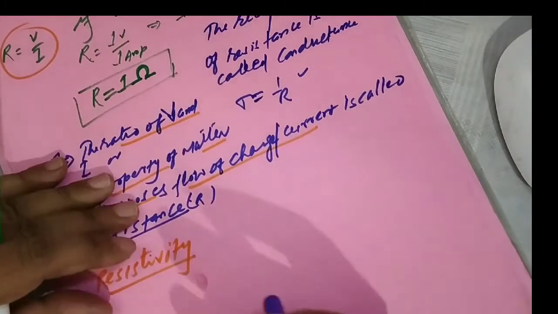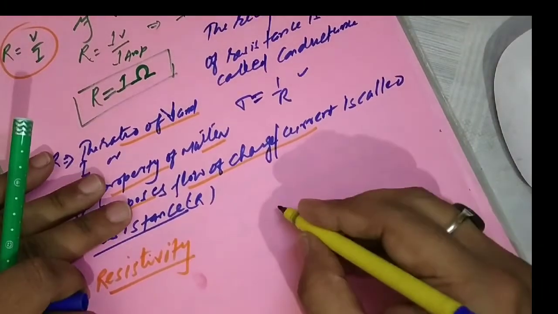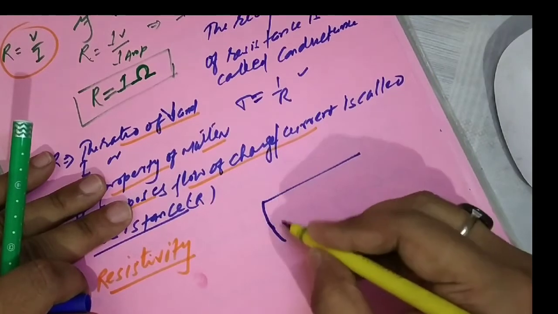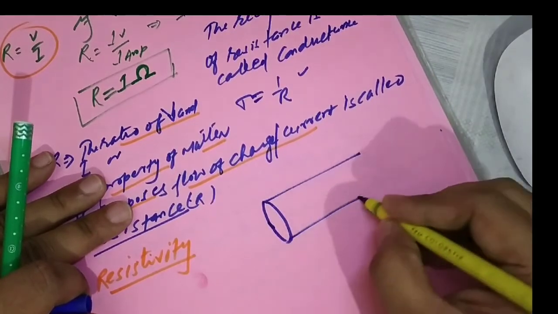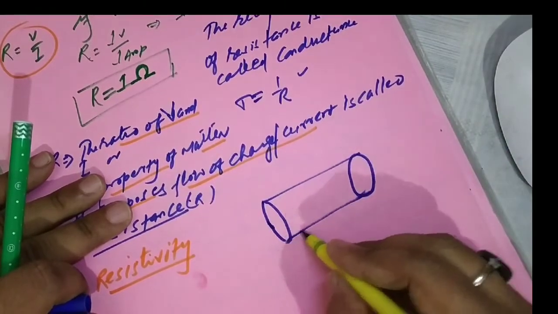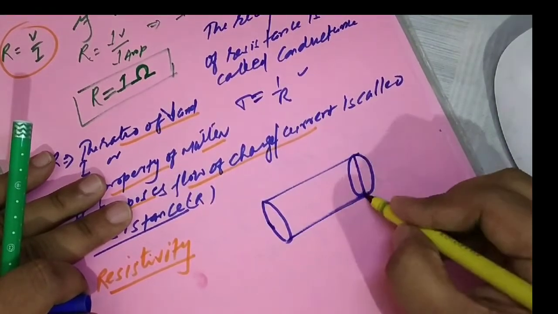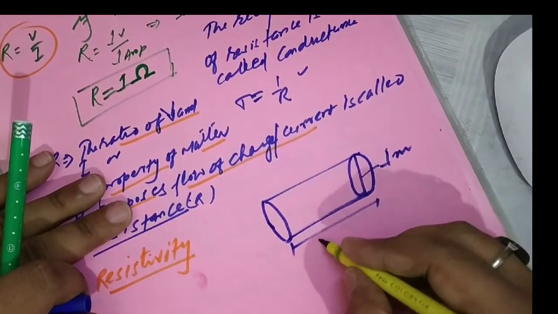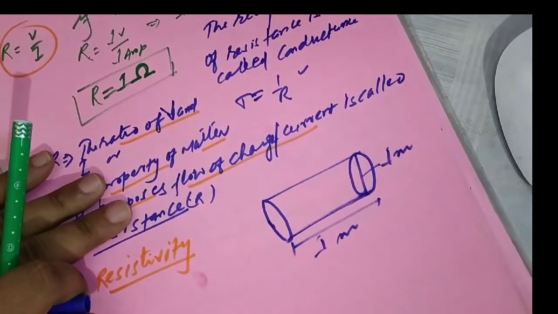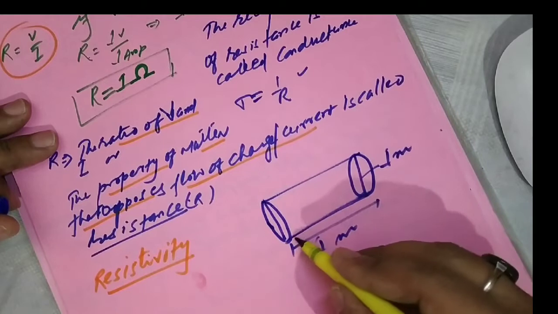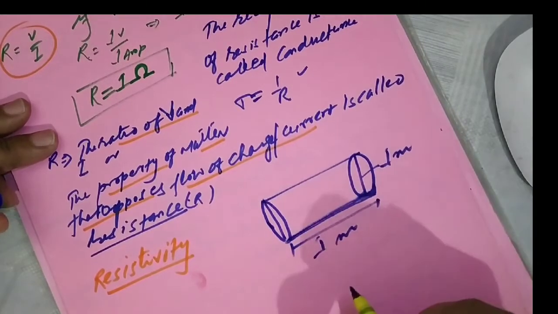Suppose that we have a conductor whose area of cross section is 1 meter square and whose length is also 1 meter.